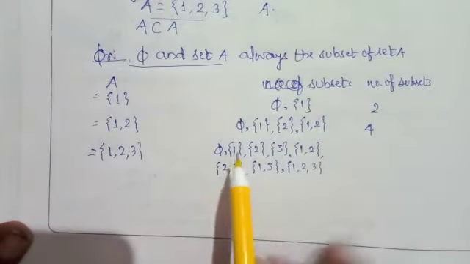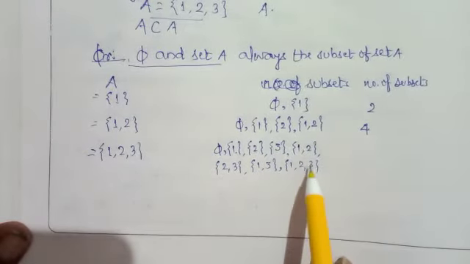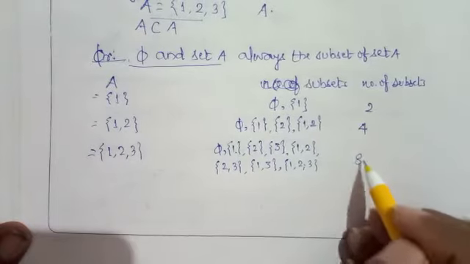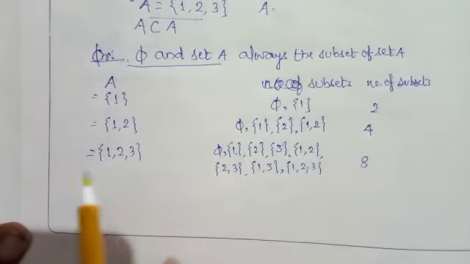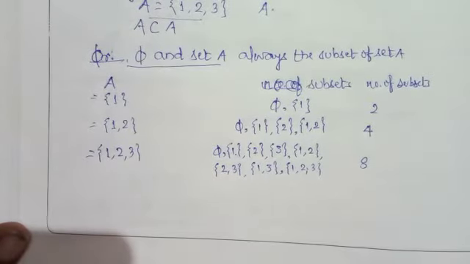So how many subsets here? 1, 2, 3, 4, 5, 6, 7 and 8. And so on, for the set having 4 elements, the set having 5 elements, and so on.